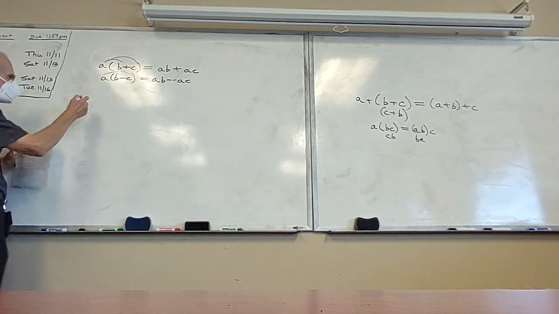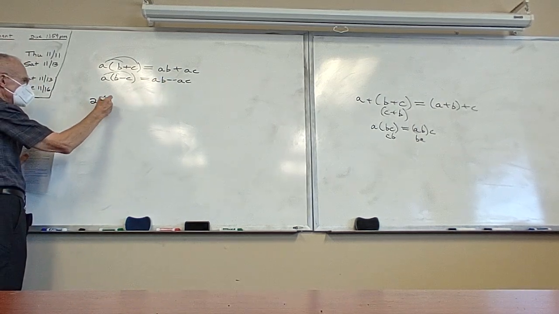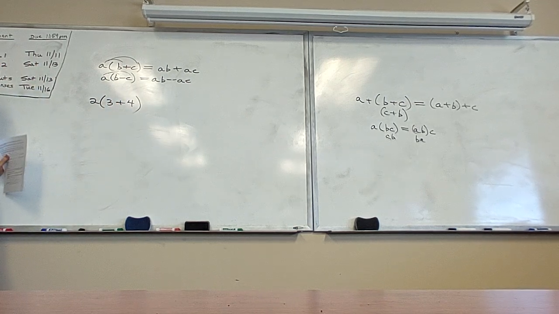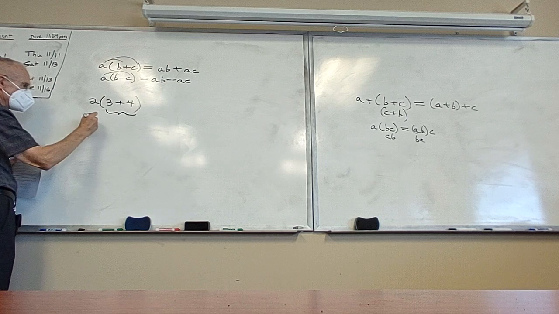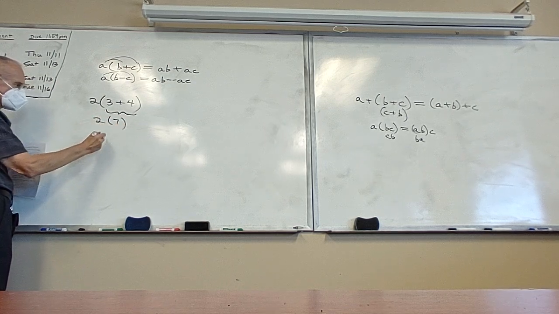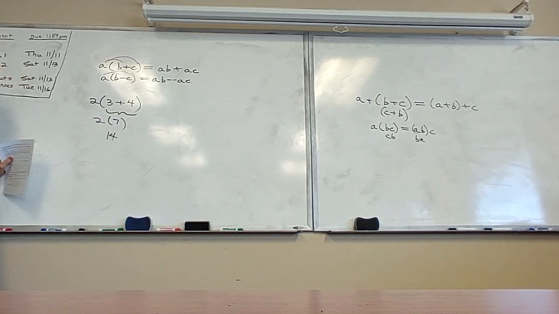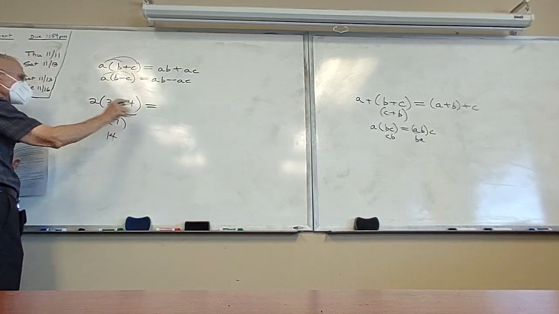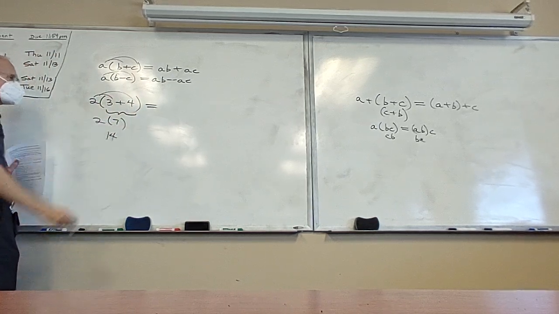Now let's take an example. If this is what we have to calculate, you know PEMDAS says, that's it, isn't it? That's what PEMDAS would say do. Now the distributive property says, wait, I can distribute this 2.